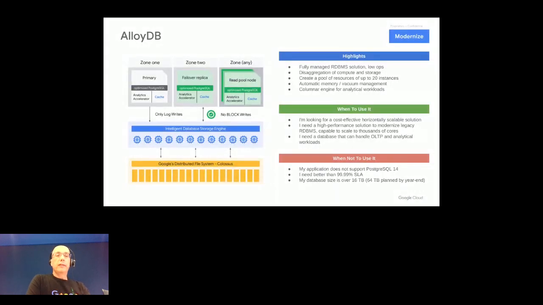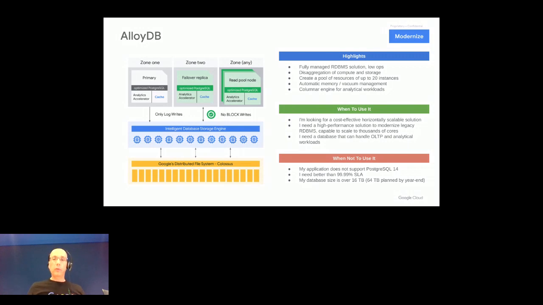So first of all, what is AlloyDB? AlloyDB is a Postgres engine on steroids, I should say. Because Postgres is an open source engine, we forked the code for Postgres and added some enhancements that you don't see in a vanilla Postgres instance. I'll talk about those in a moment.